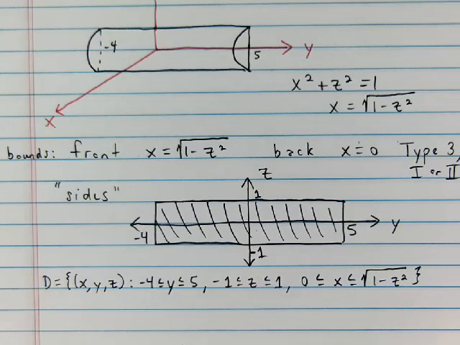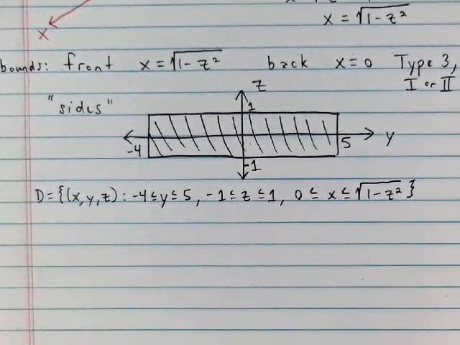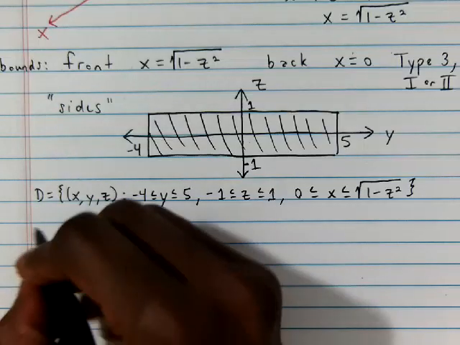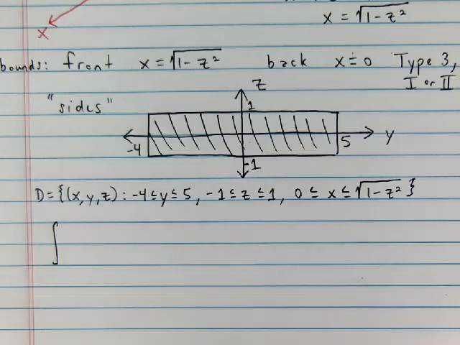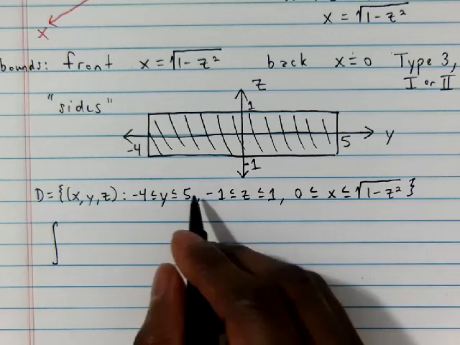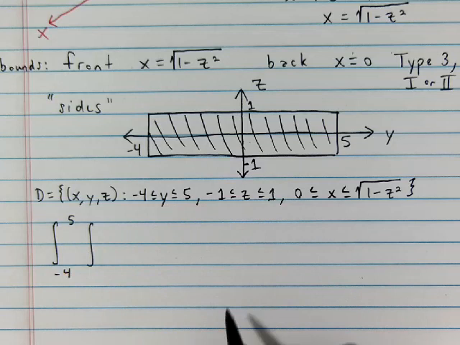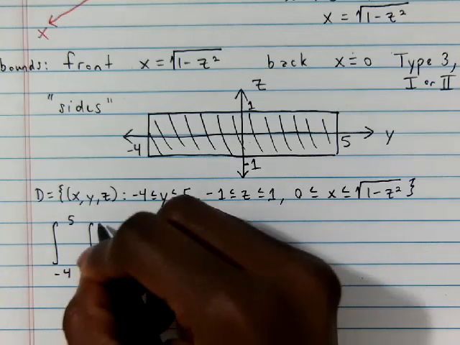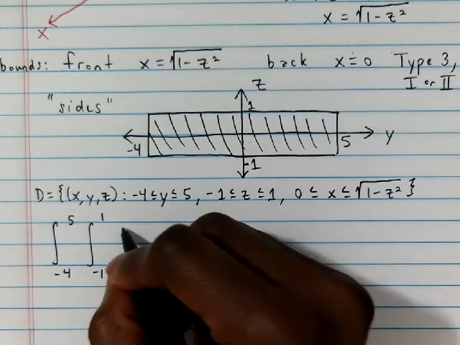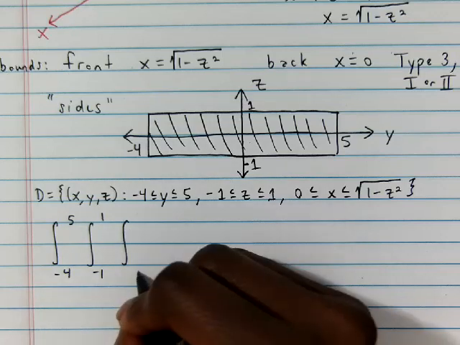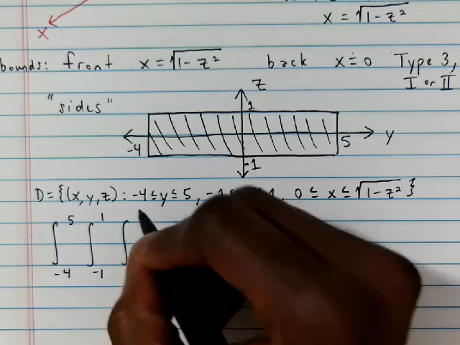That's our region D. Now we can set up our triple integral, or iterated integral, excuse me. So -4 to 5, and then -1 to 1, and then from 0 up to the square root of 1 minus z squared.